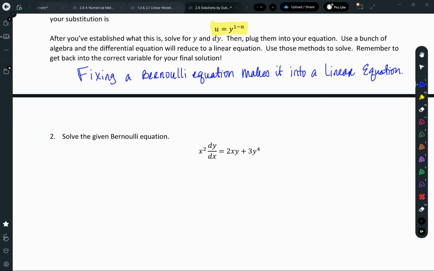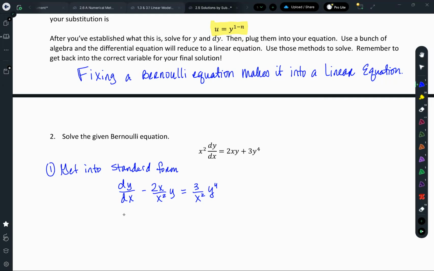All right, so I've got my substitution up there. I need to get this into the supposed look of a linear equation, and that means I need to get it in that standard form. So we still follow the same steps. Get into standard form. And when we do that, we have dy/dx, and then we have a minus 2x over x squared y. So I move that 2xy over at the same time that I divided by the x squared, is equal to 3 over x squared y to the 4th.